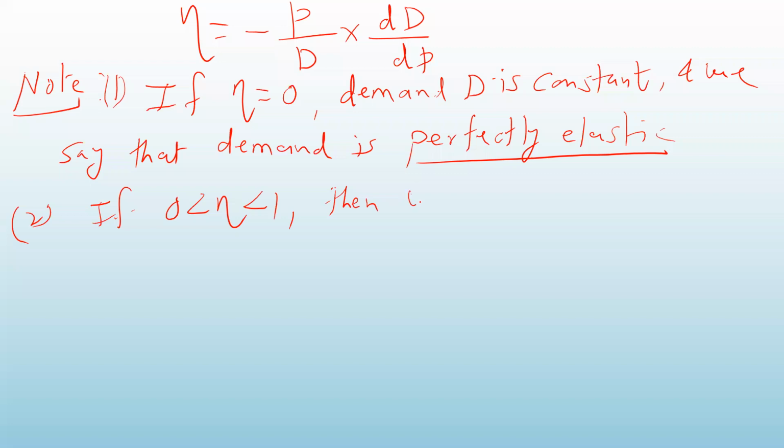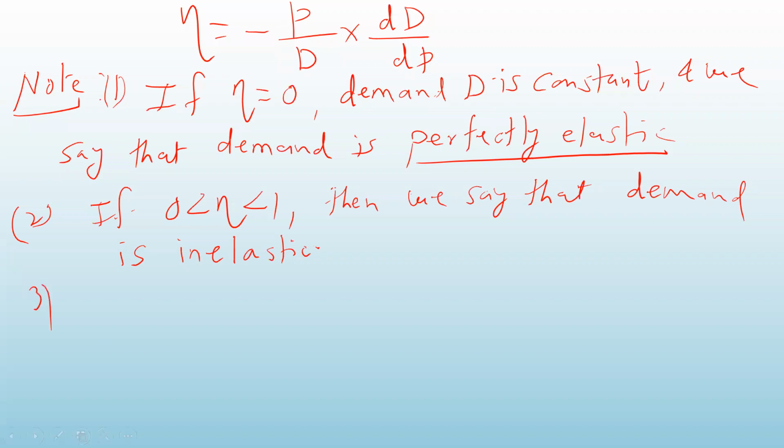And we say that demand is inelastic. And if eta is equal to 1, demand is proportional to the price.